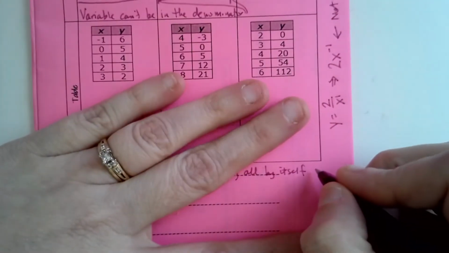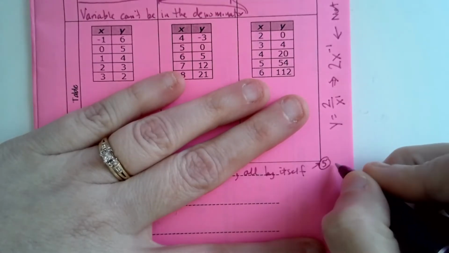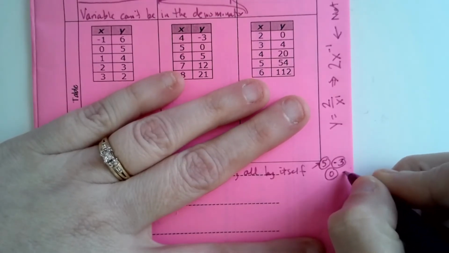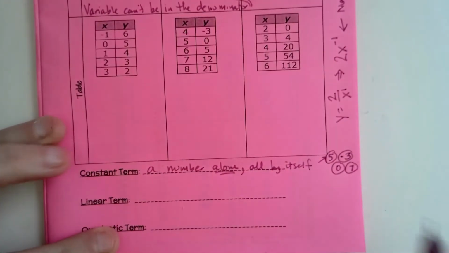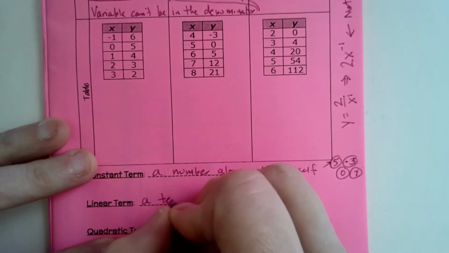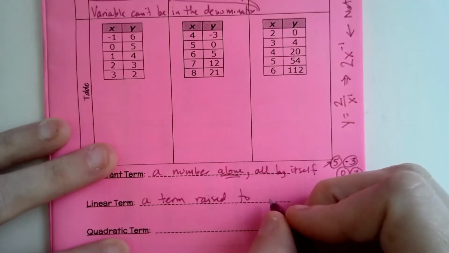So let's really quick write some examples here. Like 5, negative 3, 0, 7. Those are all constant terms. So a linear term is a term raised to the first power.